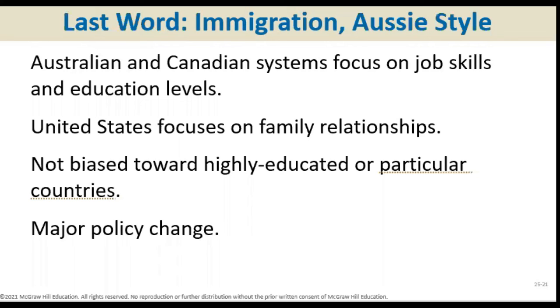So the last word of the chapter describes the Australian and Canadian system of immigration as a model for the United States to consider. The immigration system in those countries gives priority to immigrants with a skill set that focuses on the needed economic areas, whereas our system focuses more on family sponsorship.